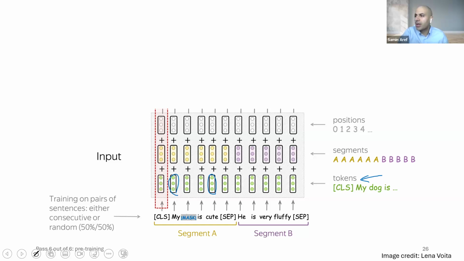That's why we also have segment embedding. All these vectors in yellow correspond to segment A, and they are the same vector. And all these purple vectors, again, are the same, and they represent segment B. These will be added to the token embedding. And then we also have the positional encoding, right?